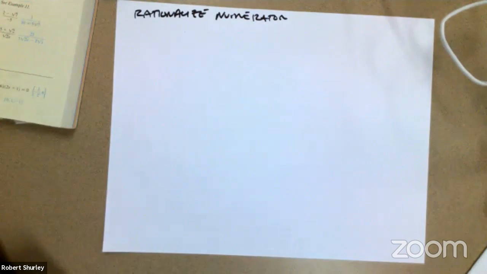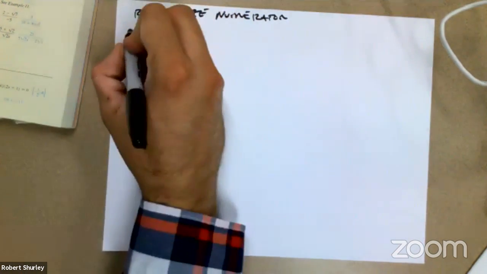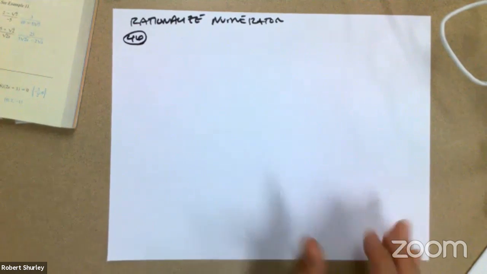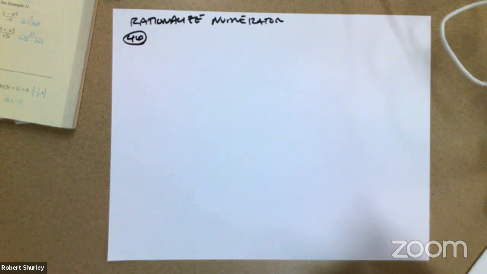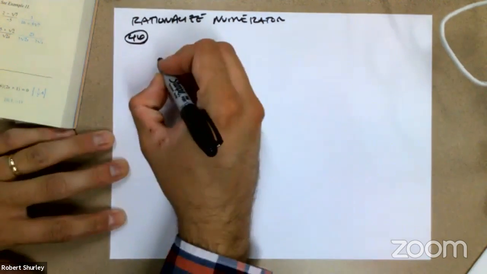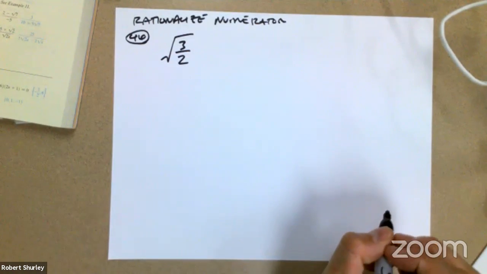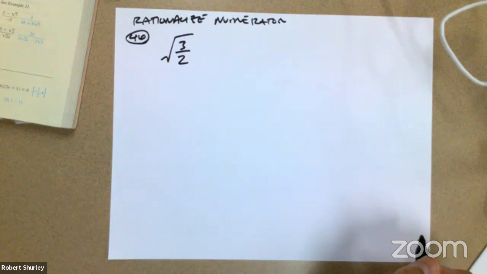Oh, yeah, because this is presented a little differently. Let's look at number 46, and it asks this question. It says, rationalize the numerator. It's on page 549. And this one's got a square root. Now, the square root goes over everything. So the square root of 3 over 2.